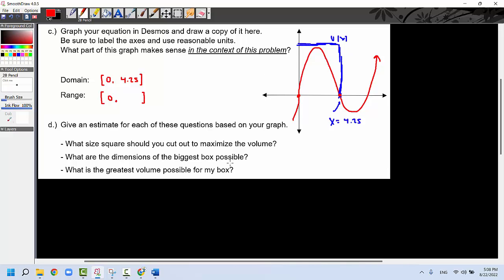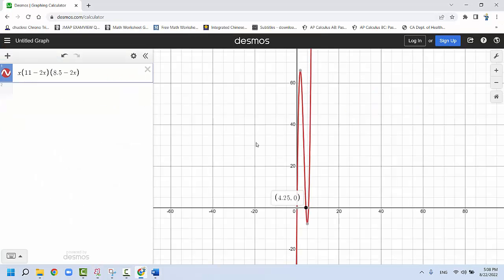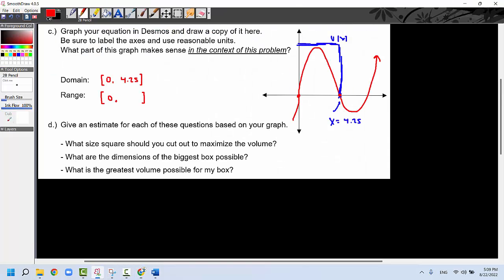Now, to figure out how high up that is, I'm going to go back to Desmos one more time, and that looks like 66.148. So I'll load that into there. Now it says give an estimate for each of the questions based on our graph. It says, what size square should you cut out to maximize the volume?